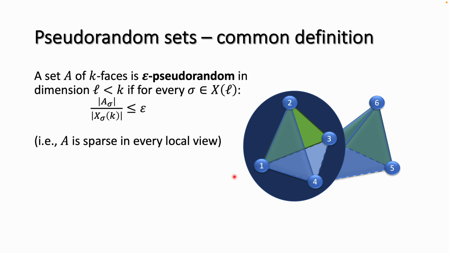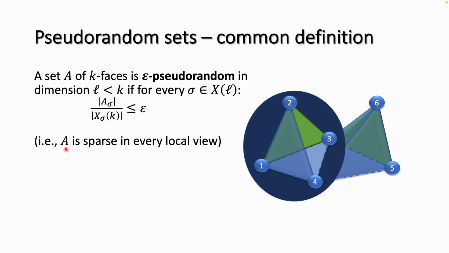And what does it mean that the set is epsilon pseudo-random? It's epsilon pseudo-random in dimension l if for every sigma, which is an l-dimensional face, the fraction of the localization of A to the face sigma, out of all the faces that contain sigma, is at most epsilon.